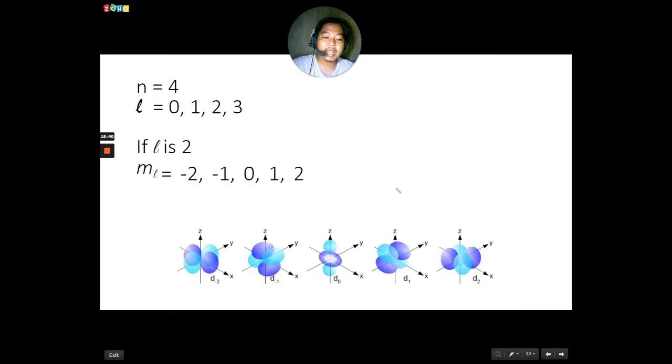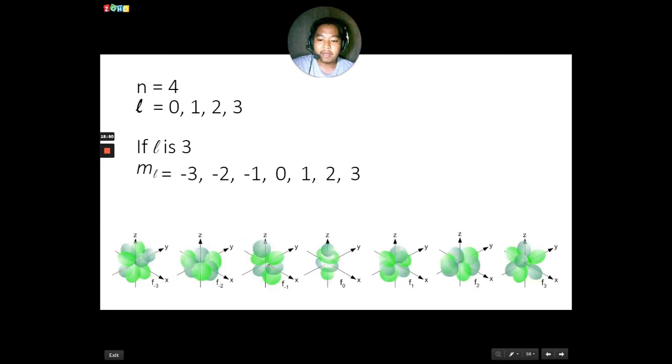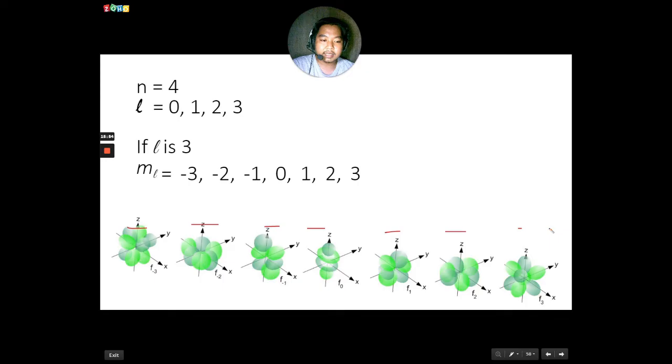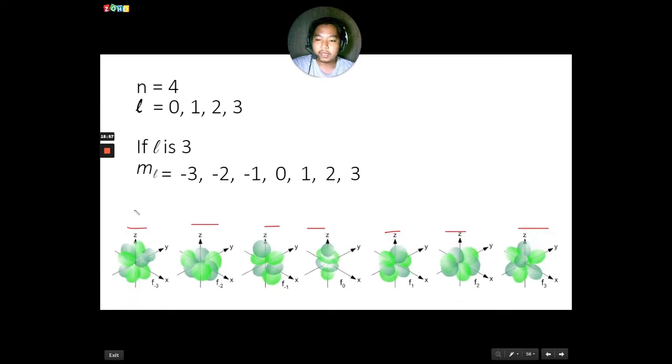We have 4d10, because we have 1, 2, 3, 4, 5 orbitals, which can hold 2 electrons each. So that's 4d10. And then we have F, which can hold 1, 2, 3, 4, 5, 6, 7 orientations with 2 electrons per orbital, making until F14. Hopefully, it's making sense right now. This is very, very wonderful.